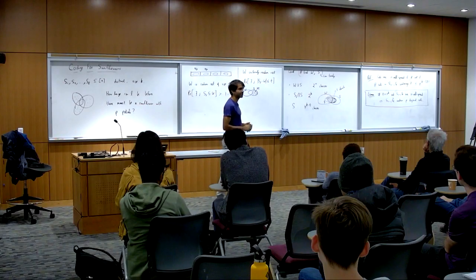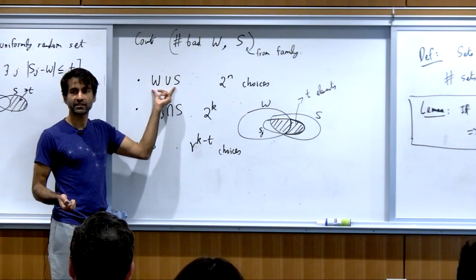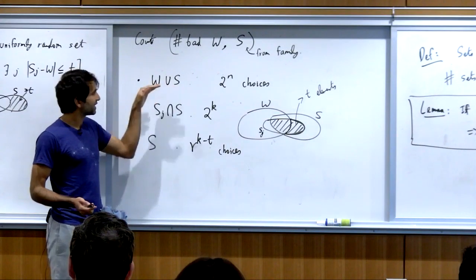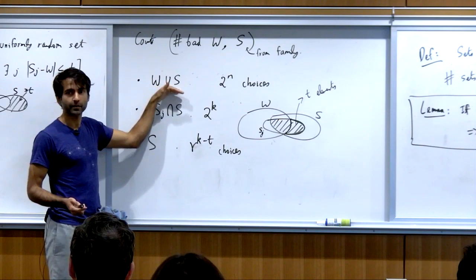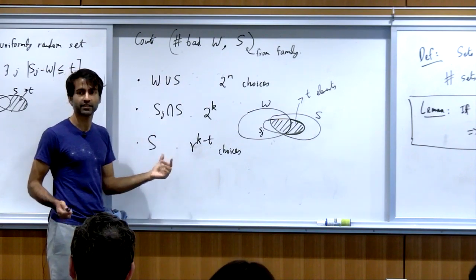Okay, we're counting the number of pairs. And the way I'm counting that is I'm counting the number of options for W union S. Then given a fixed value of W union S, counting the number of options for Sj intersect S, and so on.